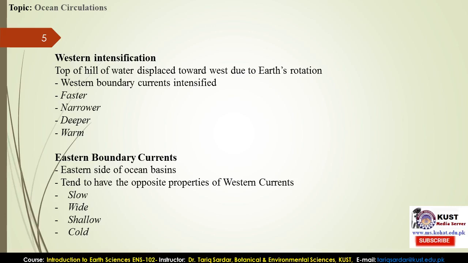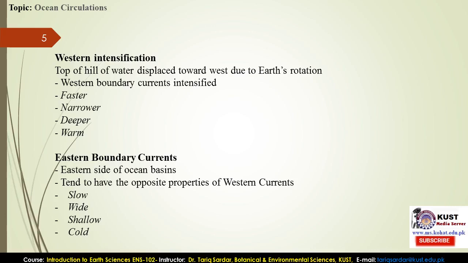They will form a narrower belt over the surface ocean. They will be deep. No, sorry, they will be shallow compared to the western currents. They also will be cold compared to the warm currents of western intensification.